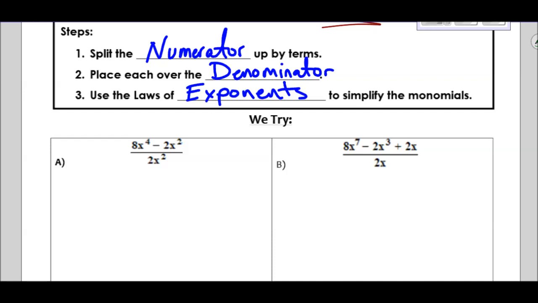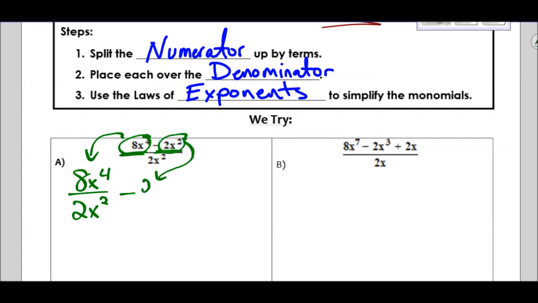I'm going to split up the numerator. I'm going to split this into two different terms. 8x to the fourth, I'm going to place that over the denominator, 2x squared, minus, so that was this, minus this, over the same denominator, 2x squared over 2x squared.